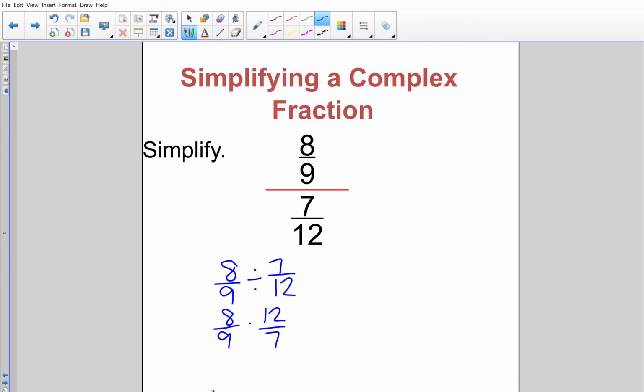And again, you can use your calculator. I could reduce by 3. So this is 3. If I reduce by 3 here, this is 4. And so I end up with 32 over 21. Okay, and we could change that to a mixed number if we needed to, but for now I'm just going to leave it there. Okay, so those are pretty easy.